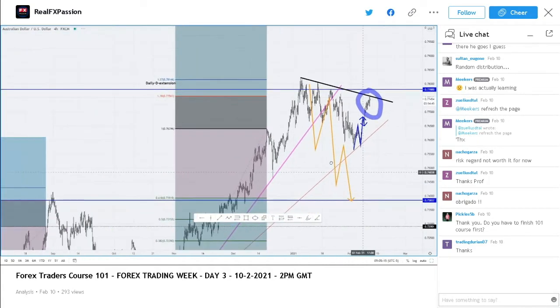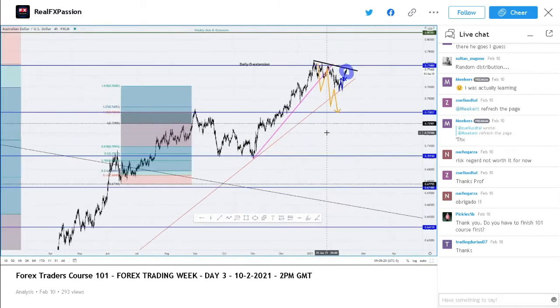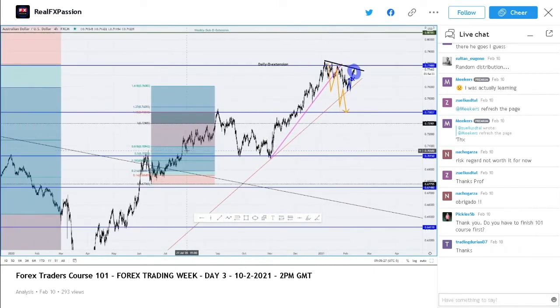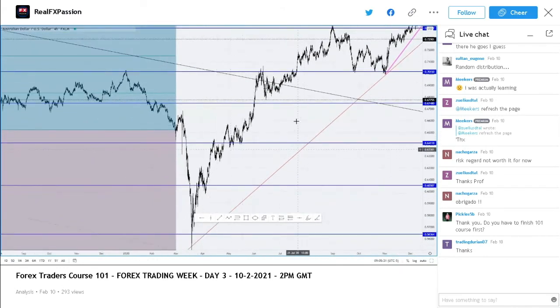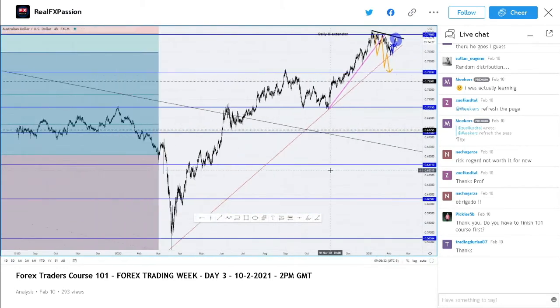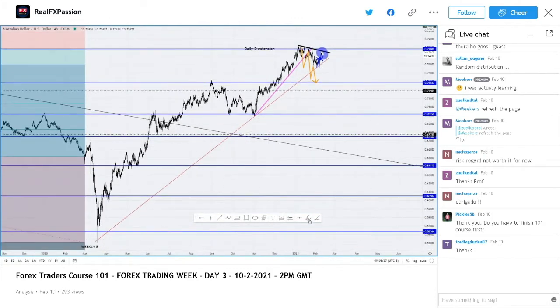Everybody, this is the 4-hour chart. AUD USD, let's delete the Fibonacci's. So is now the right time to go short, everybody? And talking about the market wave, right? Extension or retracement, extension.